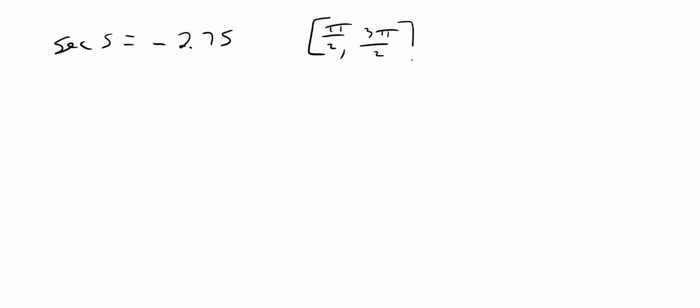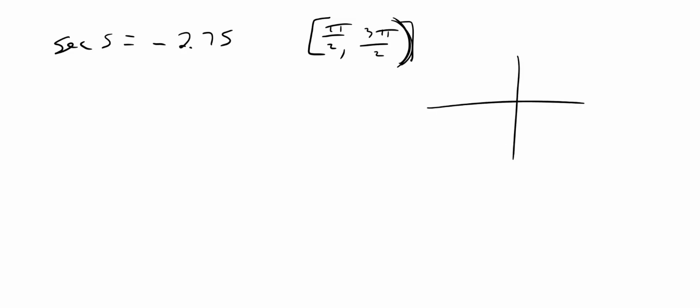How about secant of S equals negative 2.75, and it's between pi over 2 and 3 pi over 2. I'm going to put a parenthesis on that. All right, 2 restrictions, guys.